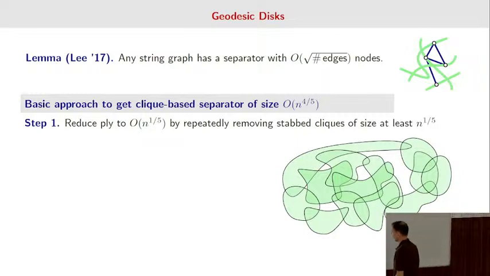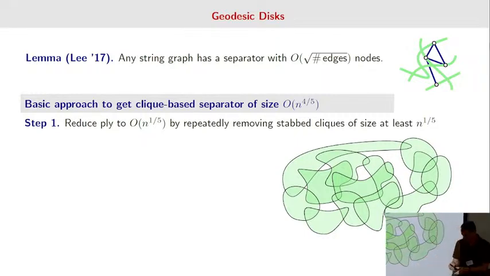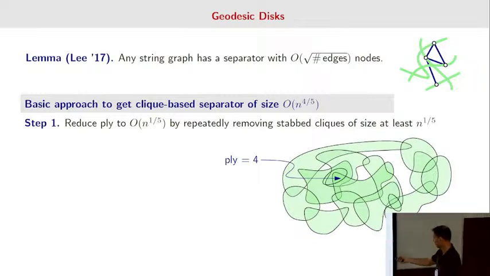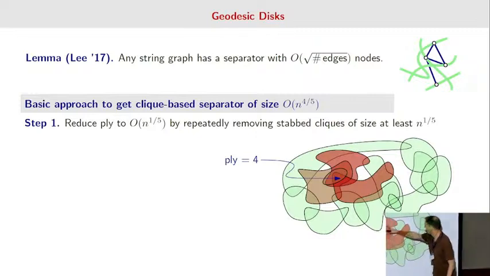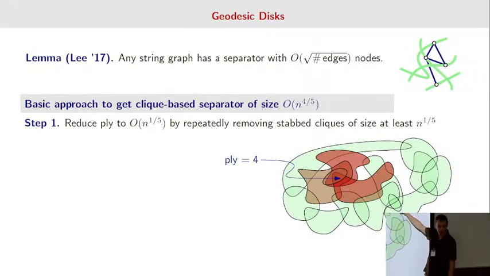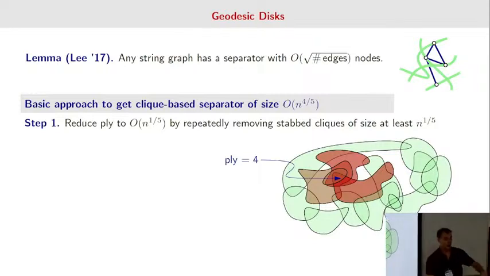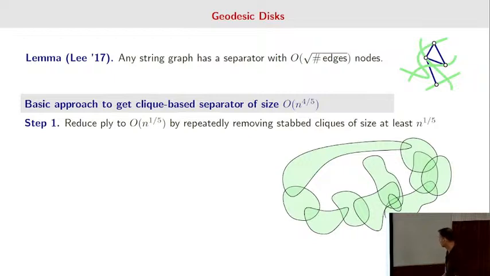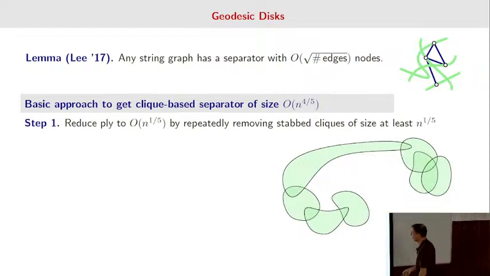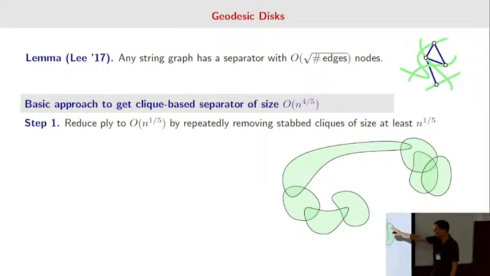Whenever I have a point that is stabbed by, right, so here the ply is 4, at least n to the 1/5 objects, I take them out and I put them as a clique in my separator. Right, I can do that only n to the 4/5 number of times, obviously. Okay, so this one is removed, maybe here I have another clique and I also remove it. And now I'm left with a situation where my ply is n to the 1/5.